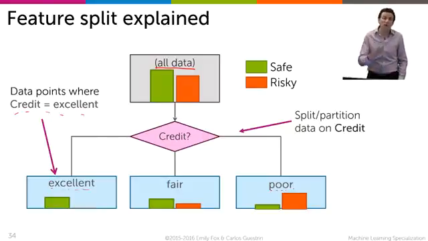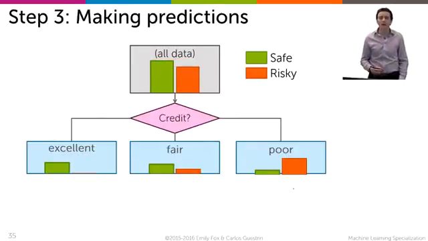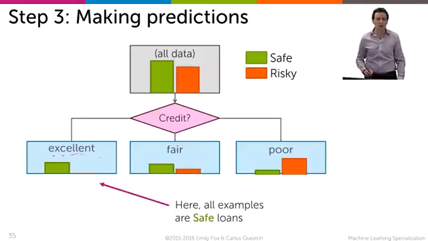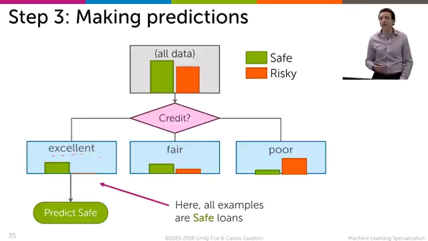And next, we'll continue splitting each one of these branches, each one of the data sets. However, if you consider this first node, the node where the credit was excellent, you see that all of the examples in this node are labeled as safe. These are all safe loans. So there's no point in keeping on splitting. We just predict that everything that has excellent credit is a safe loan.